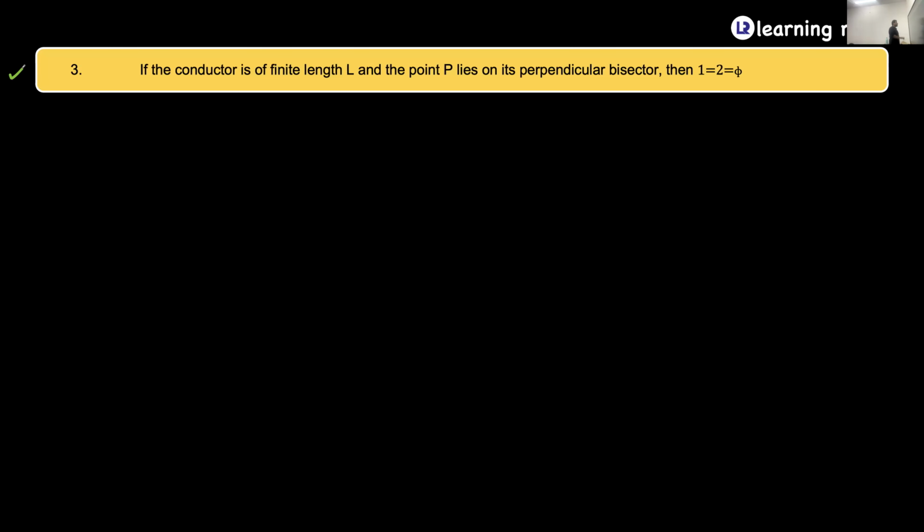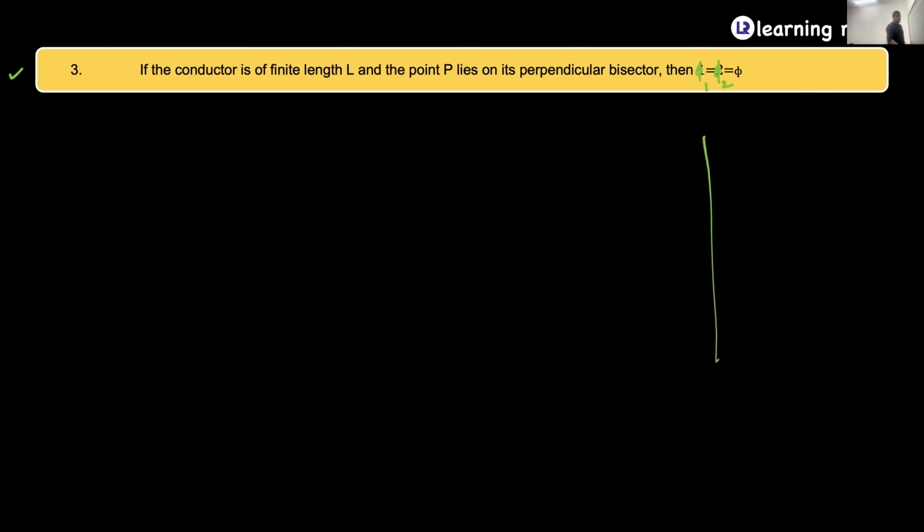So the third condition is, if the conductor is of finite length L and the point P lies on its perpendicular bisector, then what we can say is phi1 and phi2 will be equal to phi.